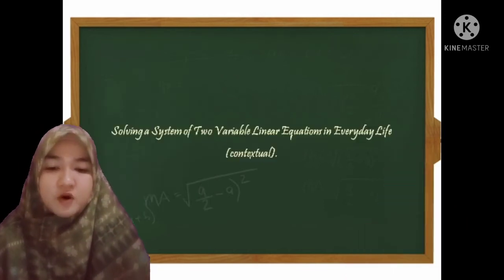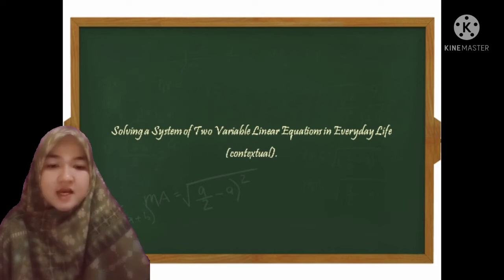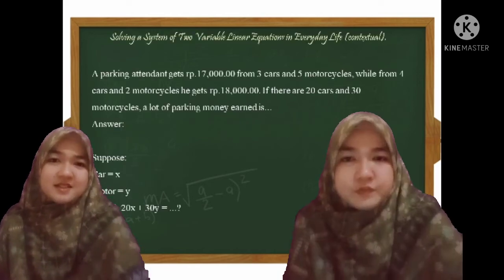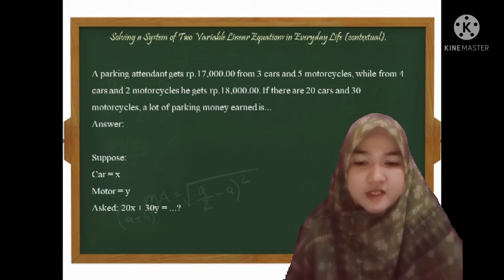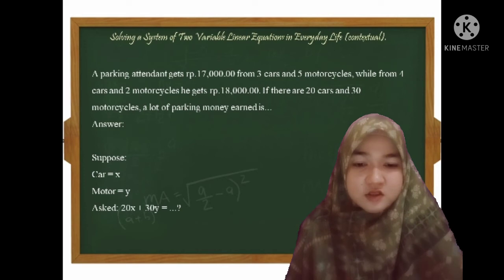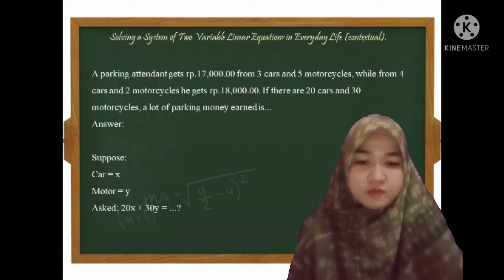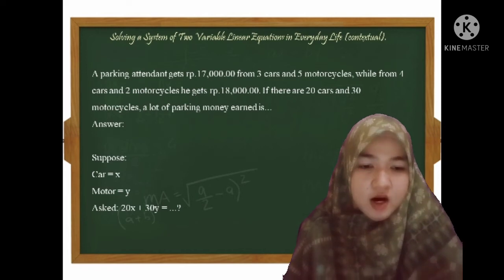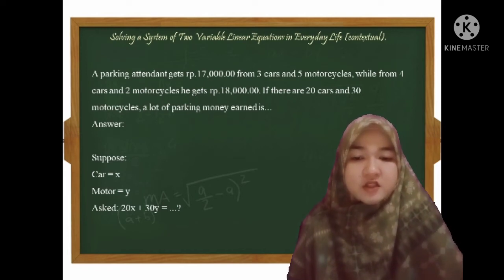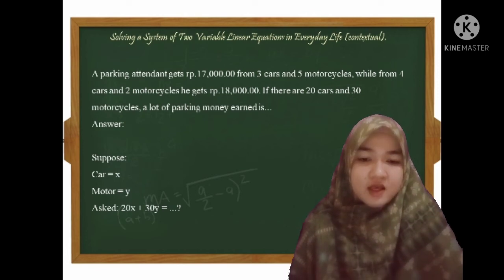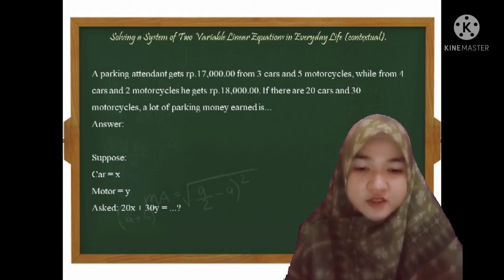Solving a system of two variable linear equations in everyday life is contextual. A parking attendant gets 17,000 rupiah from 3 cars and 5 motorcycles, while from 4 cars and 2 motorcycles he gets 18,000 rupiah.